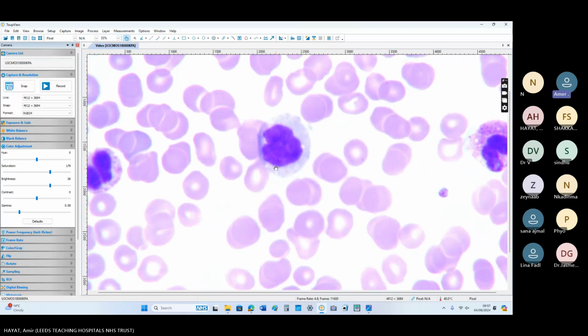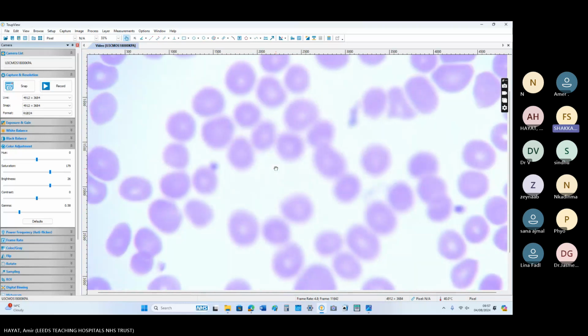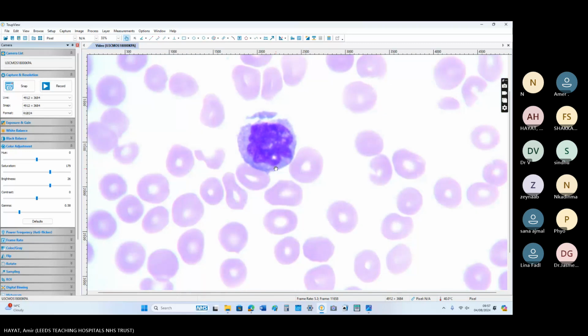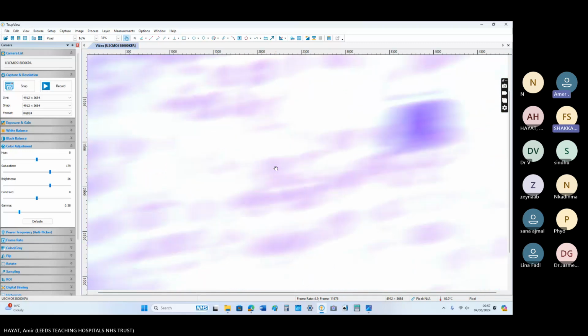What about this cell? They are quite large, right? Yeah, they're quite large, increased NC ratio. This one, they're quite large as well.